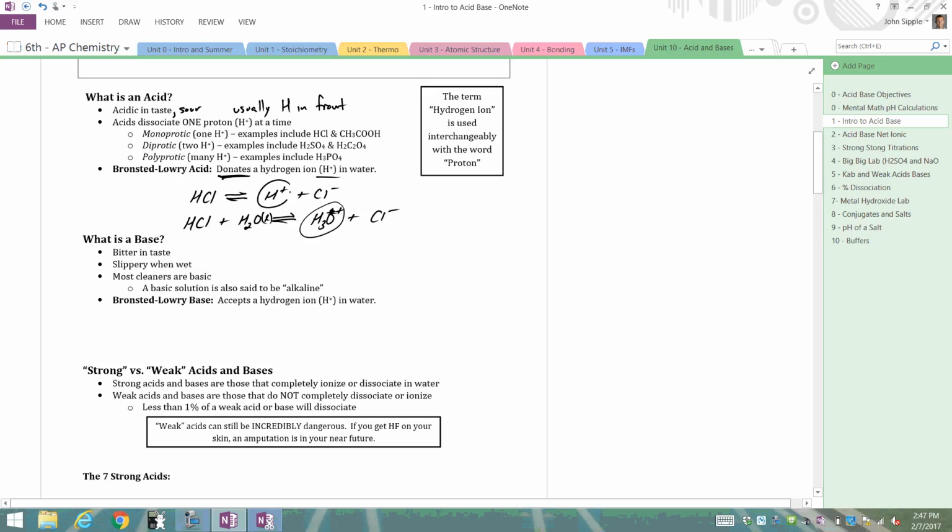So the hydronium ion, that's that guy. You might see that every once in a while, the hydronium ion. And the proton here, you treat these the same way, okay? That's the proton. You treat them the same way.